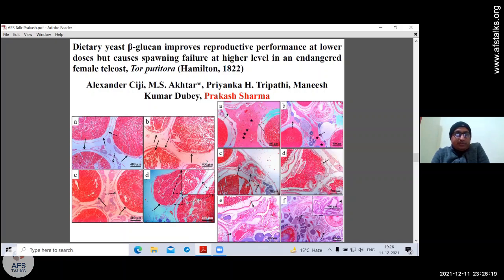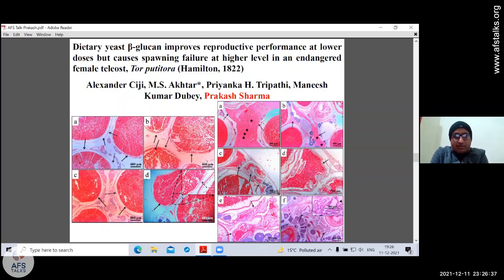Our model species in this work was Tor putitora, golden mahseer, and this paper is in review now.